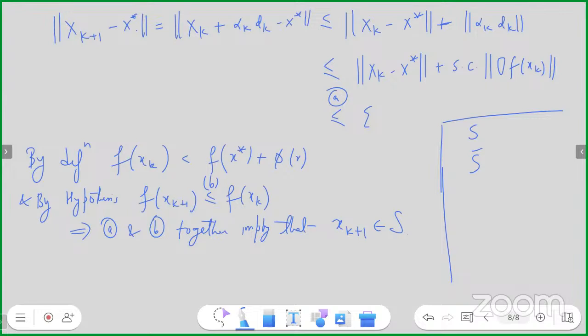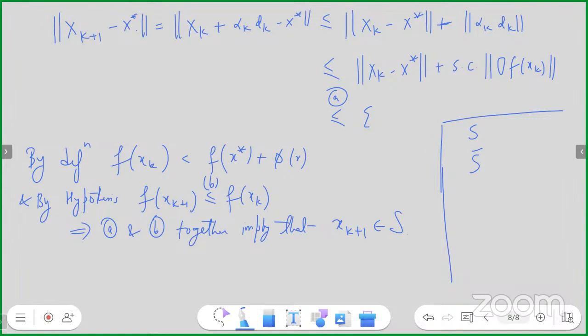The theorem said lots of things. All limit points are stationary points. This neighborhood only had one, so it better converge. So all those things you have to put together. After a tail of the sequence, xk is fully in S. This one is closed and bounded. So the sequence xk must have a subsequential limit.